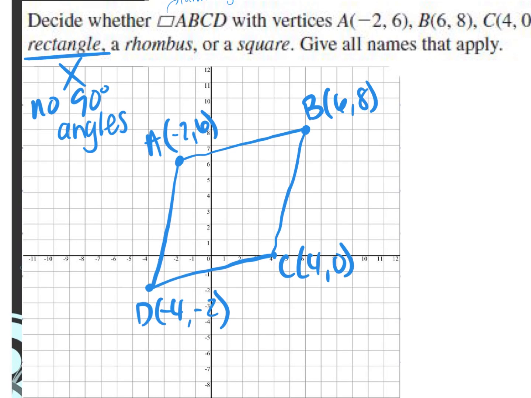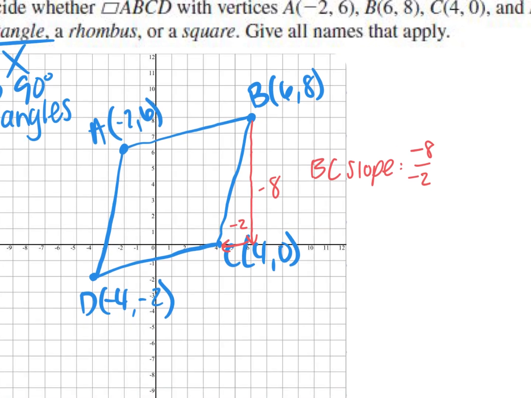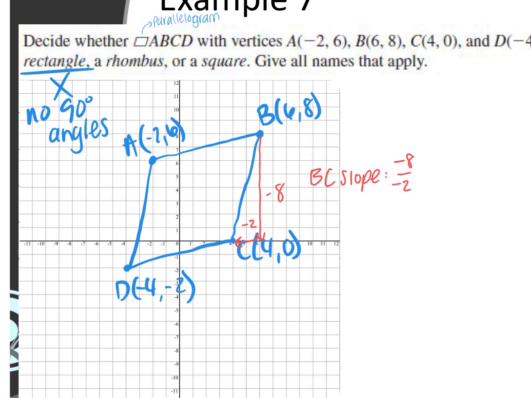So let's go ahead and calculate the slope just to be very, very specific. Go down 1, 2, 3, 4, 5, 6, 7, 8. So -8 units. And to the left 2, so -2. Do you guys agree this slope of BC is going to be -8 over -2? What is that simplified? It's 4, right?